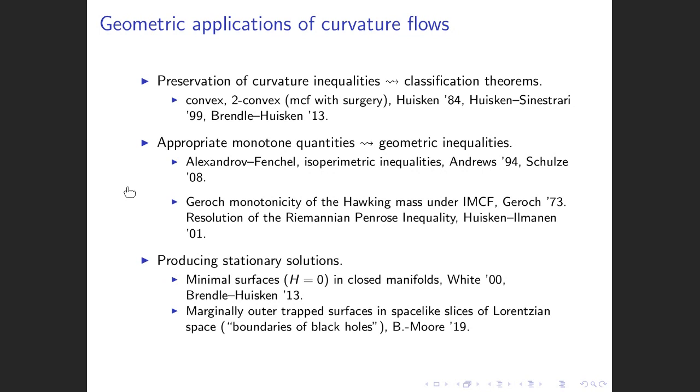So this has been used by Brian White and Brendle and Huisken to produce minimal surfaces. And I've also done work with Moore in a more general setting to show that similar things can happen in Lorentzian space, where the minimal surfaces are replaced by what are known as MOTS. Okay? These are boundaries of black holes.